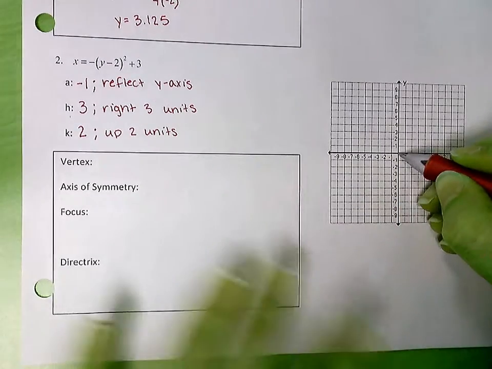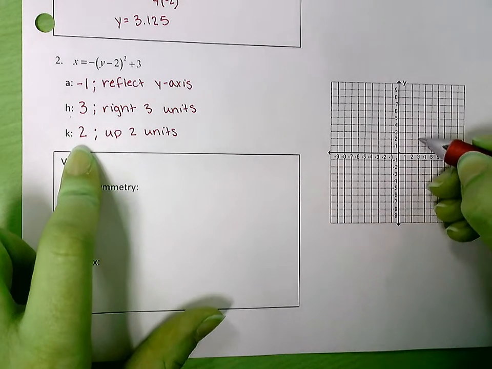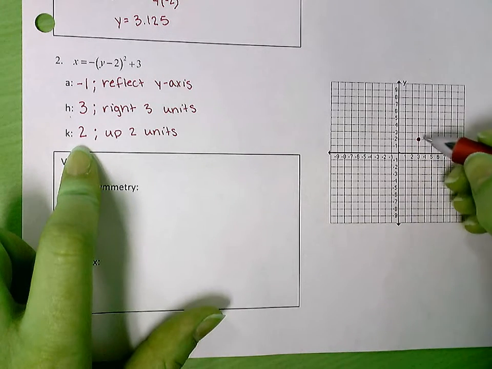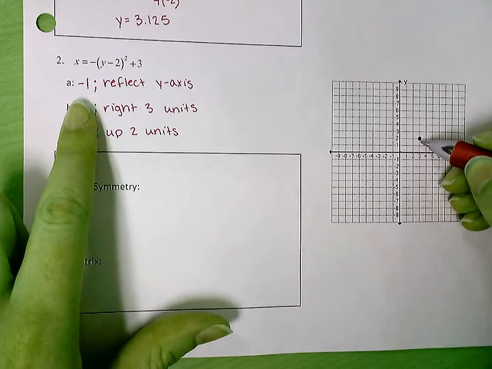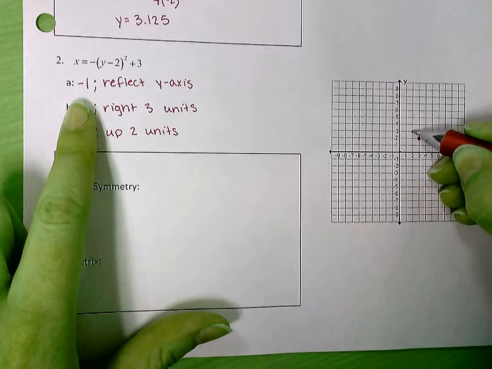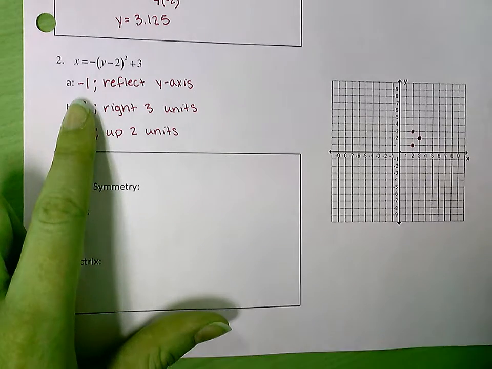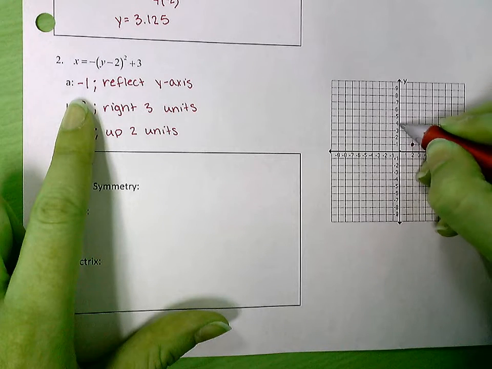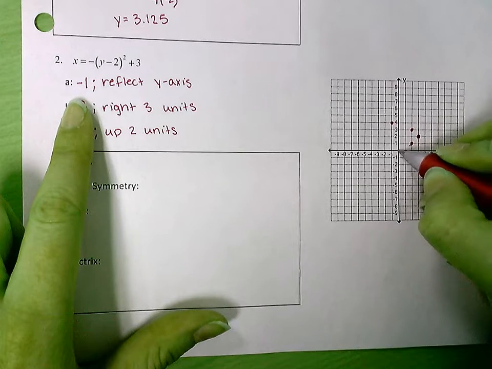Now I need to move that vertex point right 3 units and up 2 units. So my new vertex is right here. Now I can use my parent function since I don't have any multipliers to stretch it. We're just going to go up 1, left 1, then up 1, left 3, down 1, left 3.